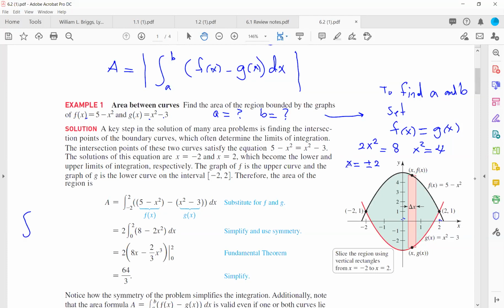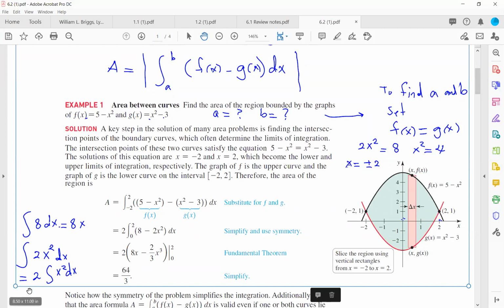The integral of 8 is 8x. You know that 8 is just a constant, so it is 8x. And the integral of 2x squared dx is equal to 2 times the integral of x squared dx, which is 2/3.